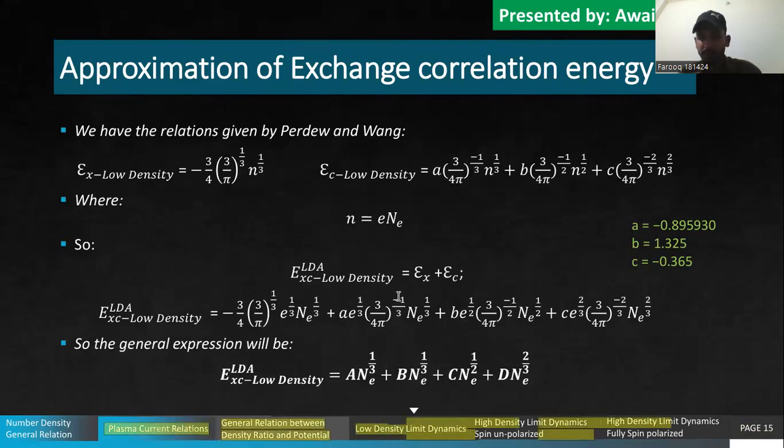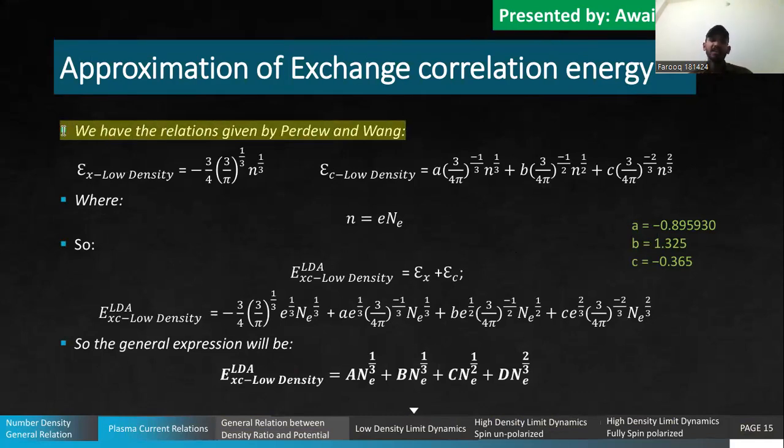First of all, we are going to explain the low density dynamics. Actually, we have cited an article in our references: Perdew and Wang were the scientists who gave an experimental curve relation, or we can say a numerically analyzed solution for the exchange and correlation.